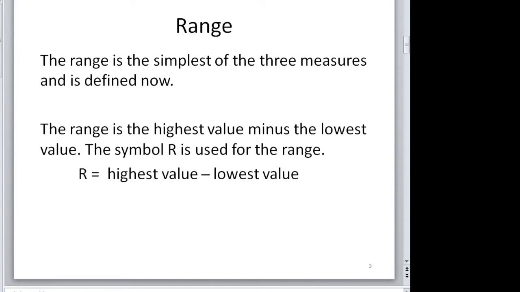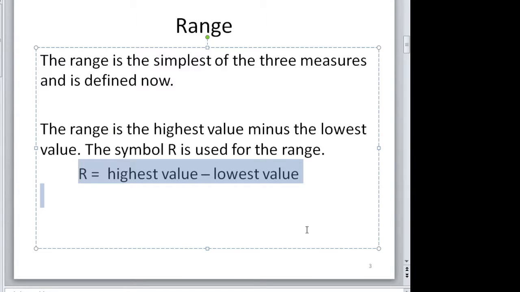The first thing that we can consider is what's called the range. Range is the simplest of the 3 measures, between the variance, the standard deviation, and the range. It's definitely the easiest one, and it's simply the highest value minus the lowest value.